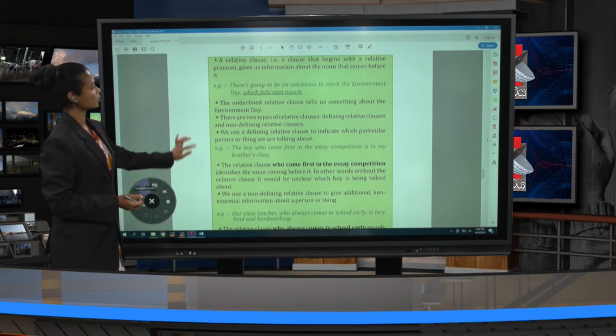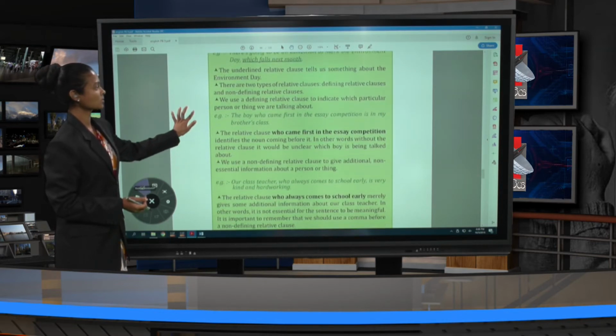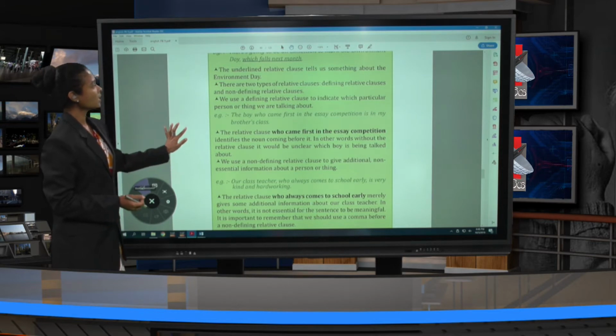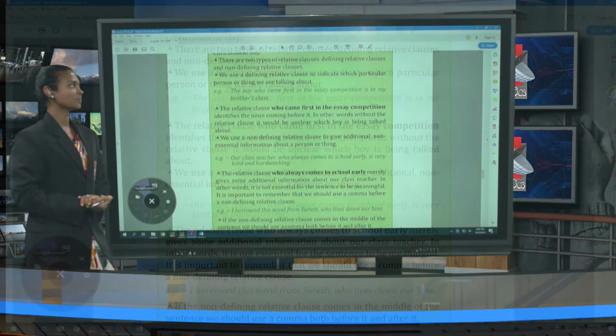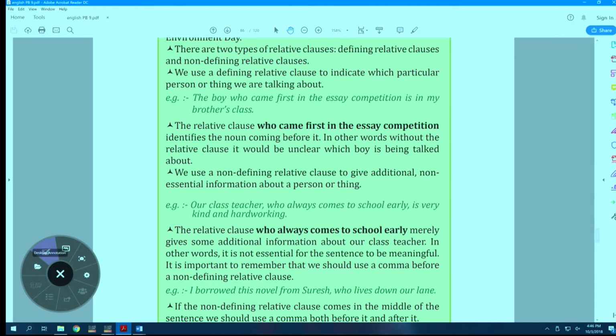And also not the first one, second one, not the second one, third one. Go through from third one. There are 2 types of relative clauses. There are 2 types of relative clauses, defining relative clauses and non-defining relative clauses.